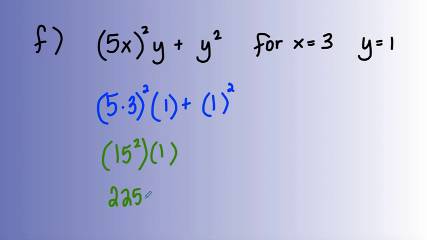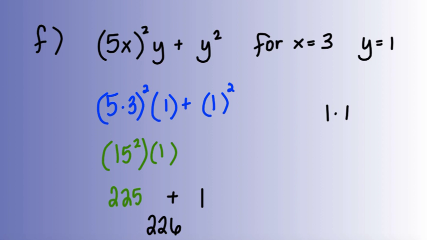Again, I am going to be expecting you to know that. 15 squared times 1 just gives me 225, plus 1 squared means 1 times 1, which is 1. So 226.